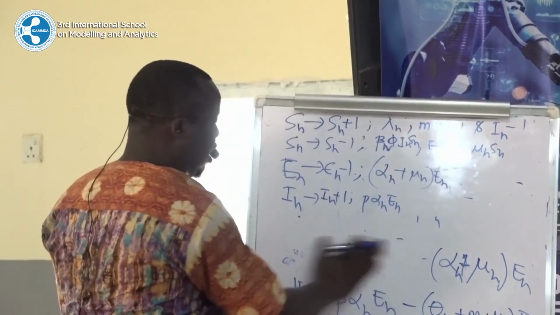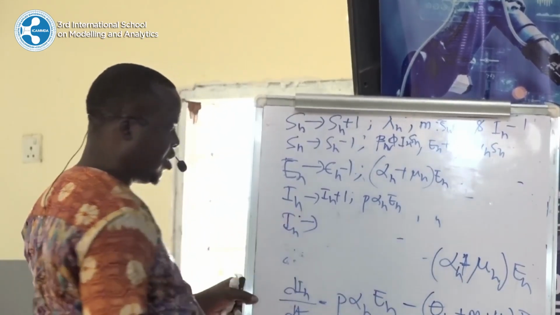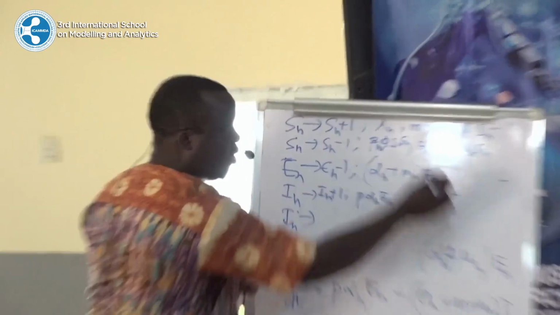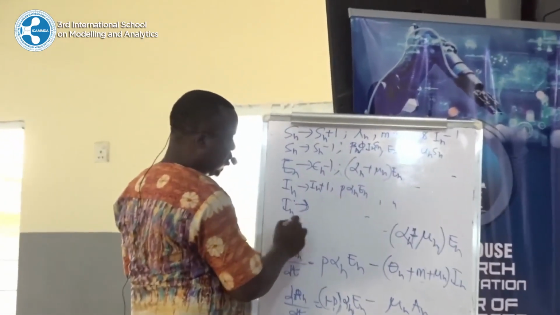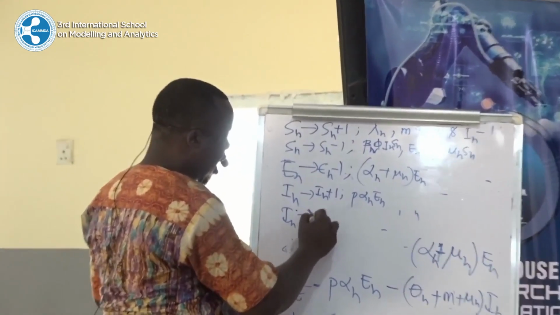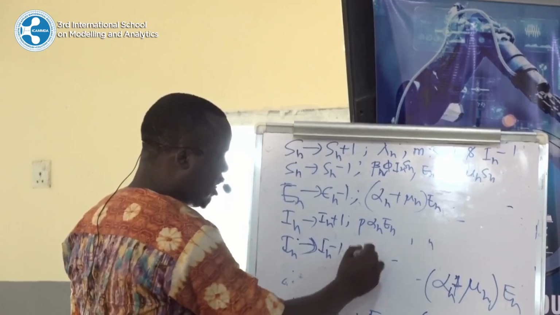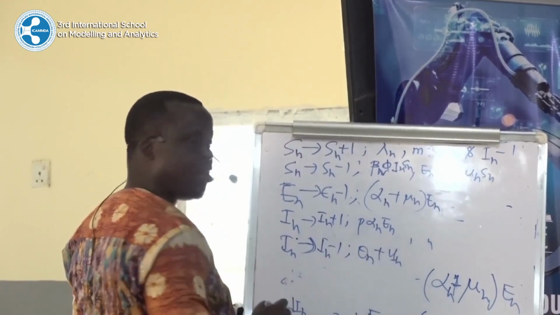Second one is IH. No, it's only this. So you have IH minus 1, which is what? Theta H plus mu H, right?